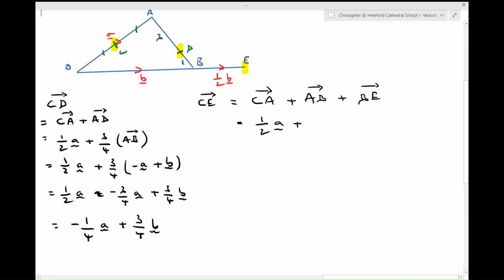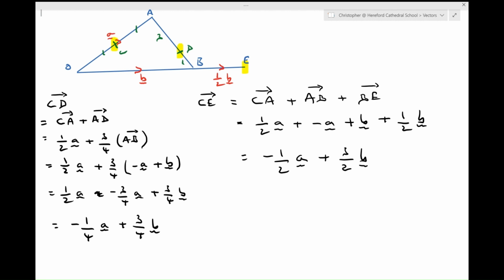A to B, if I'm going A to B, I'll go A to O and then O to B, so that's minus a plus b, and BE is simply a half of b. Let's simplify that. You end up with minus a half of a plus 3/2 b.